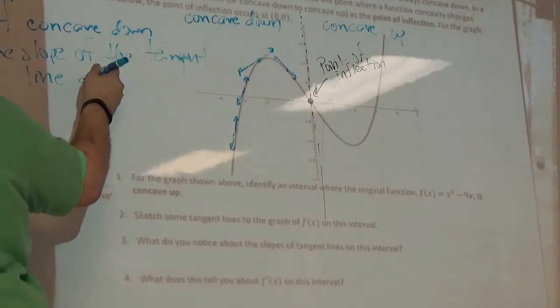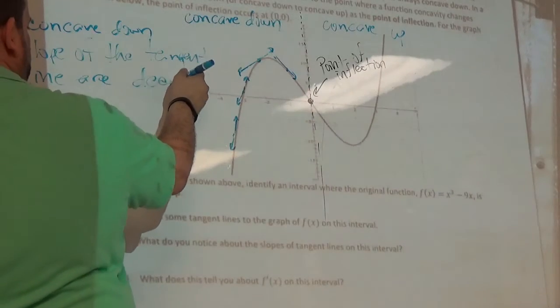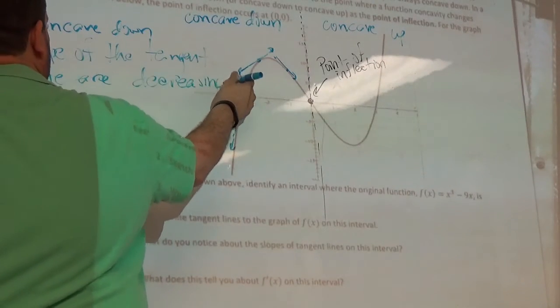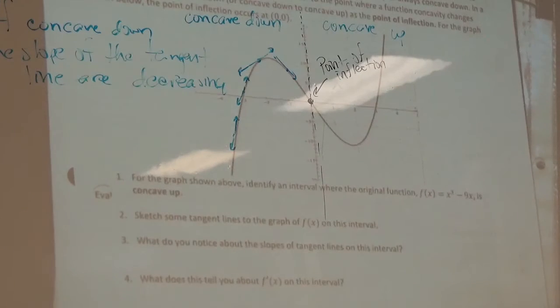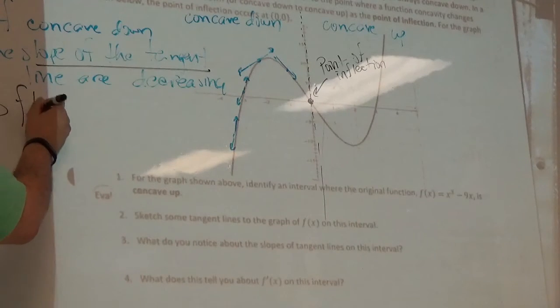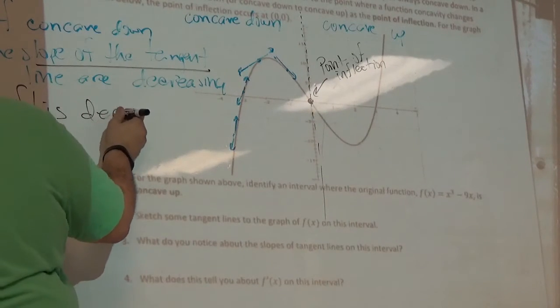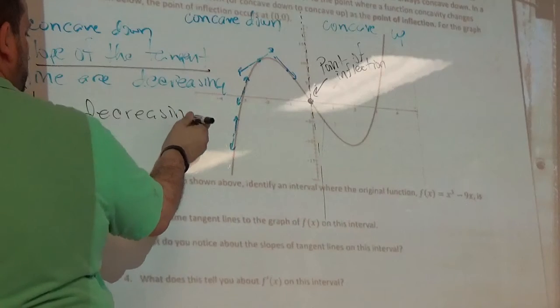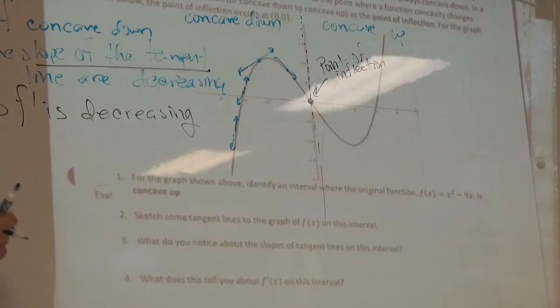Decreases. Slopes of the tangent line are decreasing. But I think we have a better way to say slope of the tangent line. Slope of tangent line means f prime. If f is concave down, f prime is decreasing.